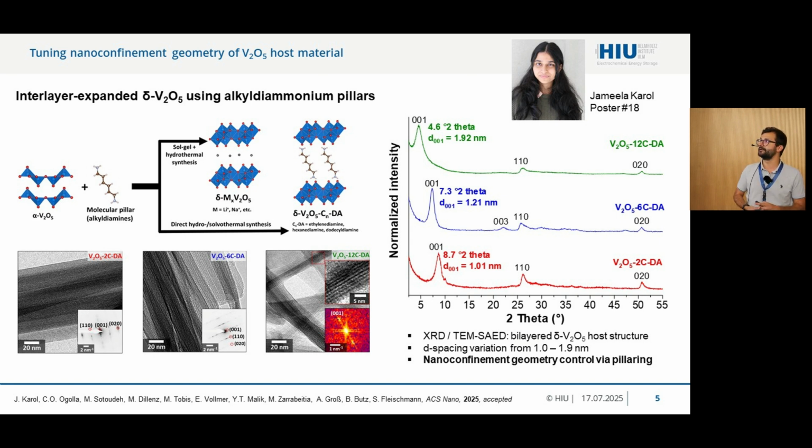Here we regulate the interlayer spacing of the V2O5 by following a hybridization approach. We include alkyl diammonium pillars of various lengths into the interlayer space, and the materials we receive vary in interlayer spacing. We can vary it very easily between 1 and almost 2 nanometers, and therefore study the influence of interlayer spacing on the ion intercalation properties.